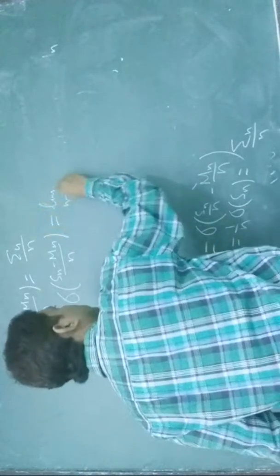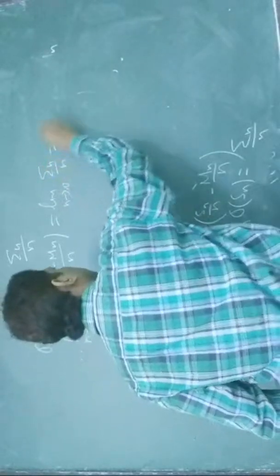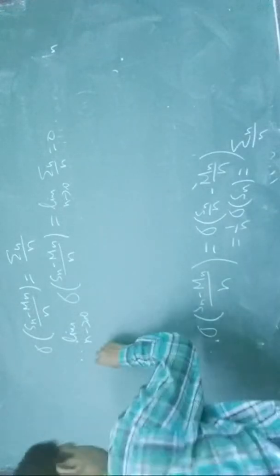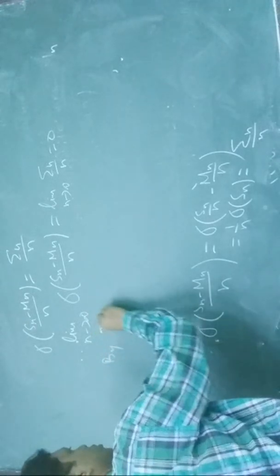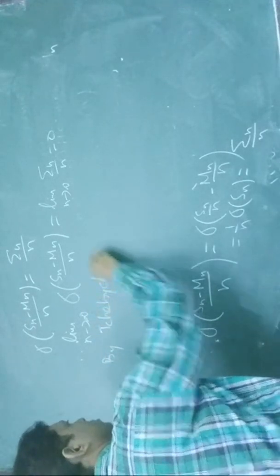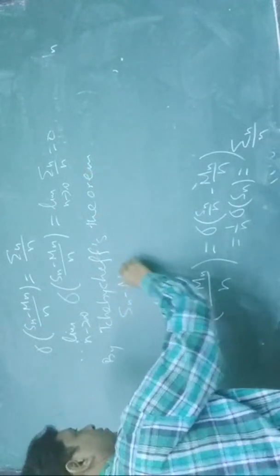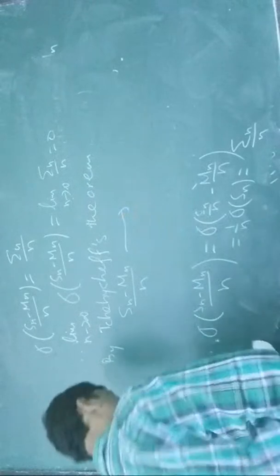What is the result? 0. So by Chebyshev's theorem, Sn minus Mn by n tends to, what is the mean?